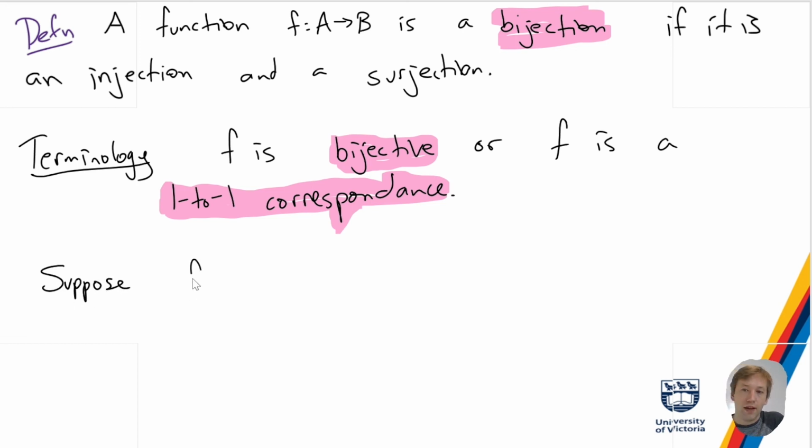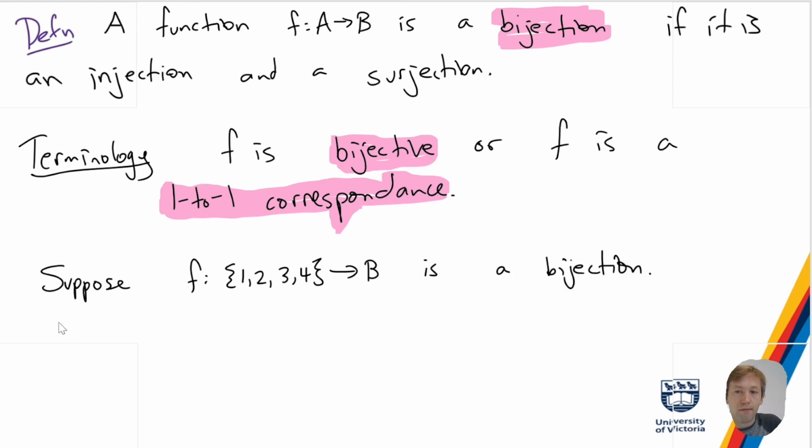Suppose that f from the set {1, 2, 3, 4} to the set B is a bijection. My question is now, how large is B? Or in other words, what is the cardinality of B?